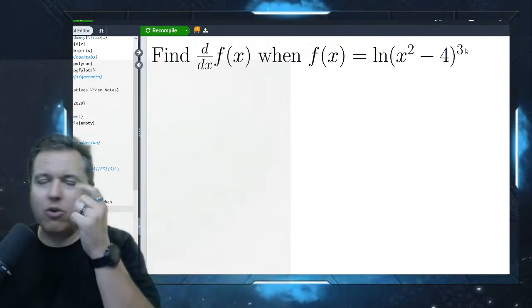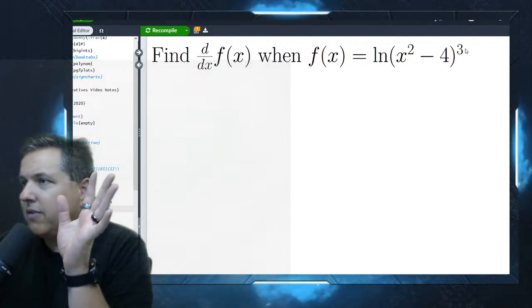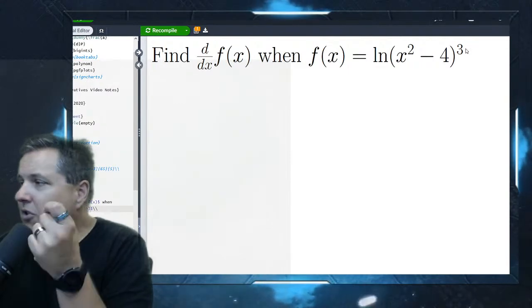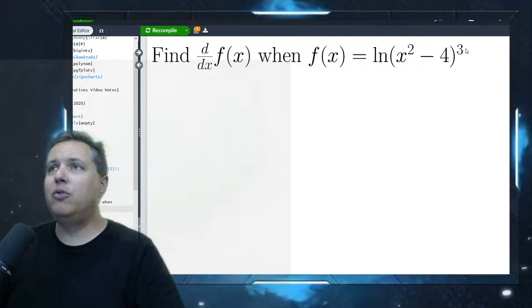So think about the order in which you would do this. If someone just gave you this function, not even talking about the derivative, and said, evaluate this function at f of 2.